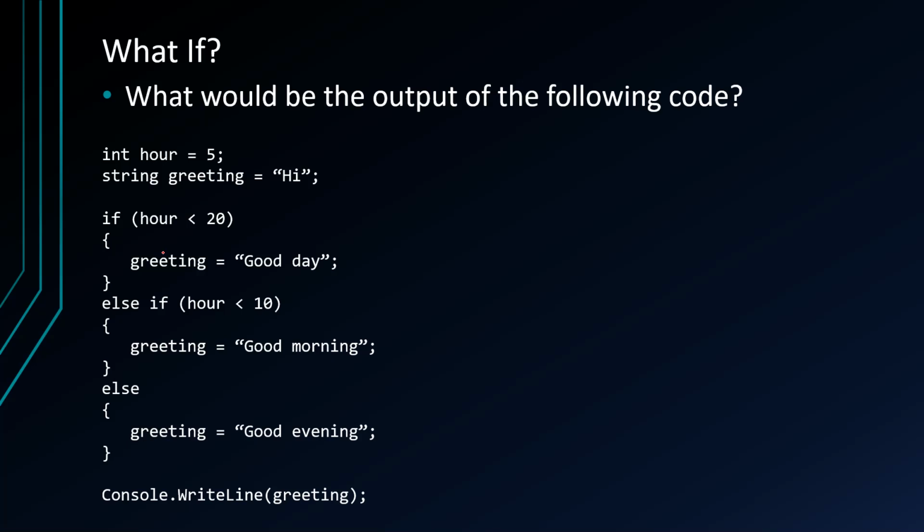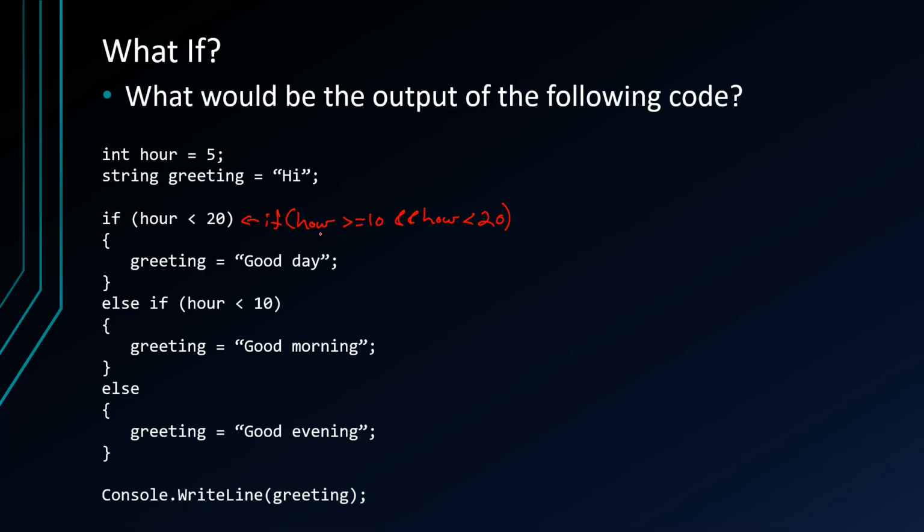Now, how can we adjust for this? How can we fix this? Well, how can we make our if-else if statements not care about order? Well, we could use ranges. So for example, I could change this one to make sure the code works as intended. I could change this one to be something like if hour is greater than or equal to 10 and hour is less than 20.